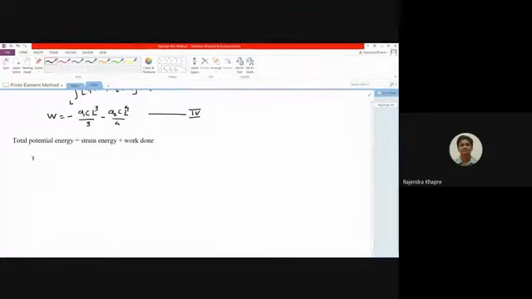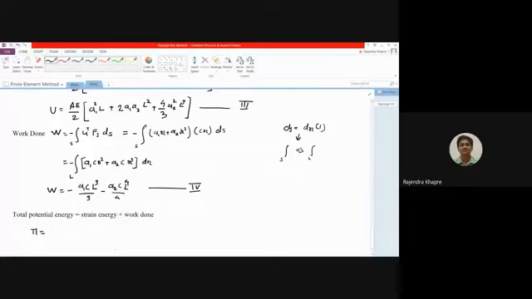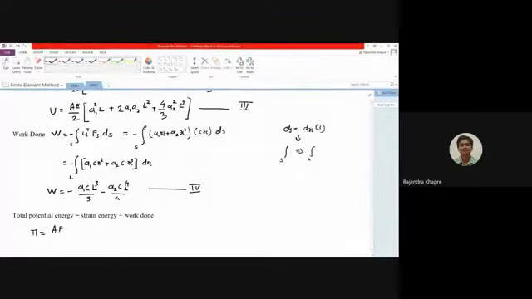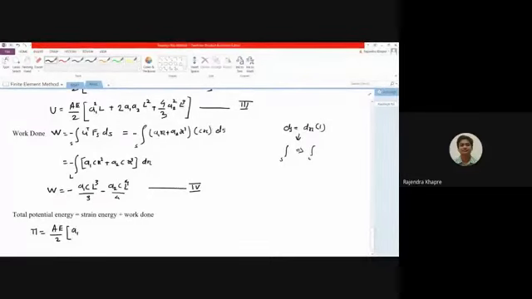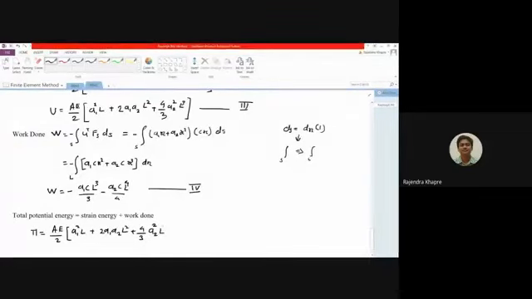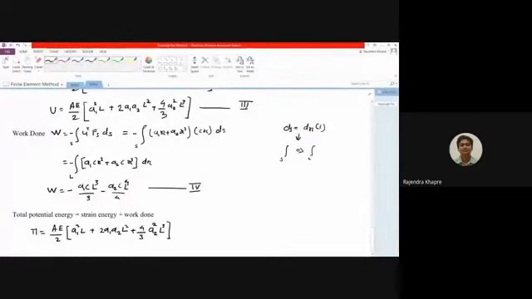We have already calculated the value of strain energy as AE upon 2 into, this will be a1 squared into L plus 2 times a1 a2 L squared plus 4 by 3 times, sorry, this is a2, not a1, so this is a2 squared L to the power 3. So this is your strain energy.